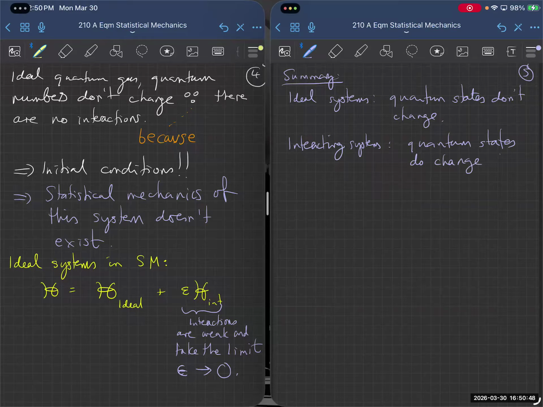And they change because the interactions induce transitions between the non-interacting quantum states.